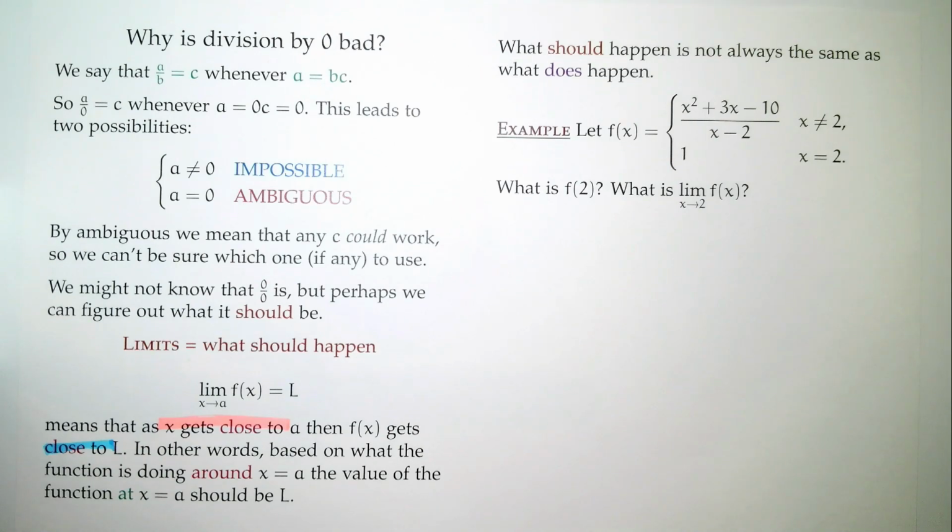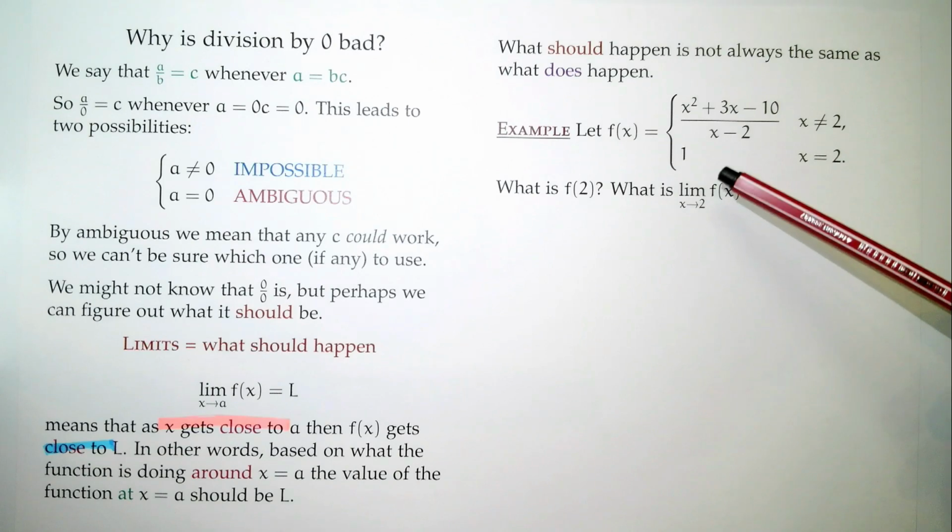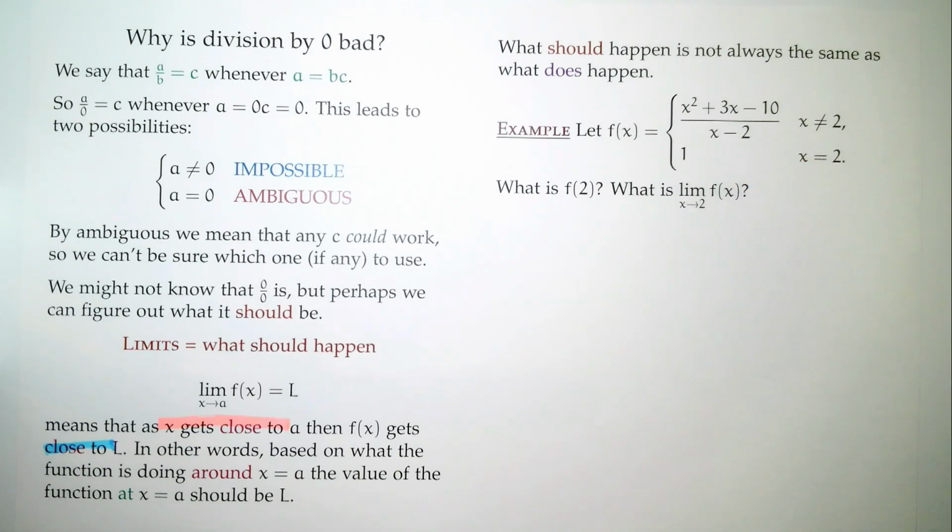So here's an example. Suppose I have the following function. f of x is either (x squared plus 3x minus 10) divided by (x minus 2) if x is not 2, or, if x is 2, it's 1. This is piecewise, meaning that we define it in different places using different rules.